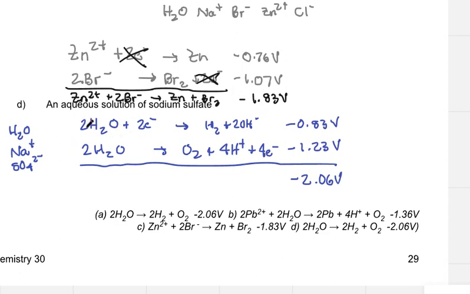Double the first reaction to make the electrons match. So 4, 4, 2, and 4. And now we can cancel the electrons. 4H2O plus 2H2O makes 6H2O for the moment. We get 2 hydrogens.